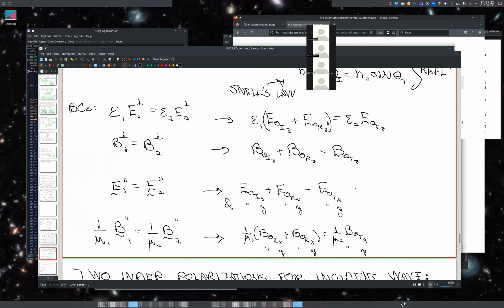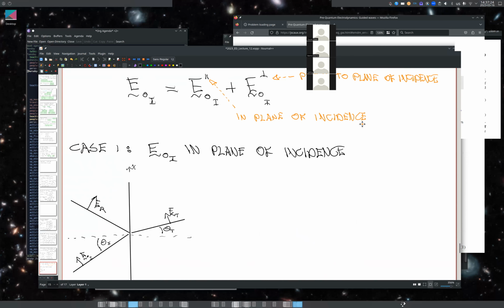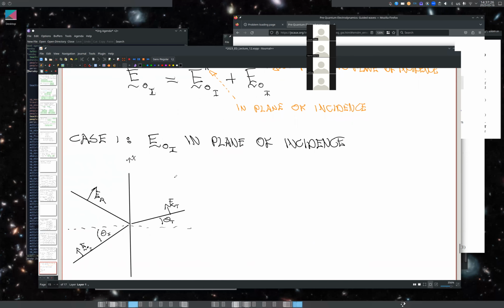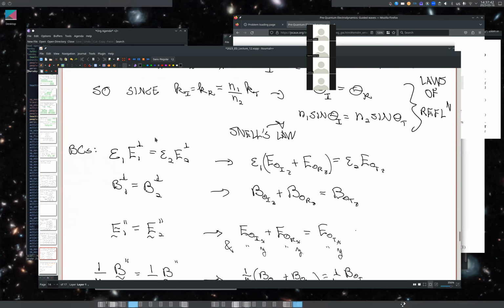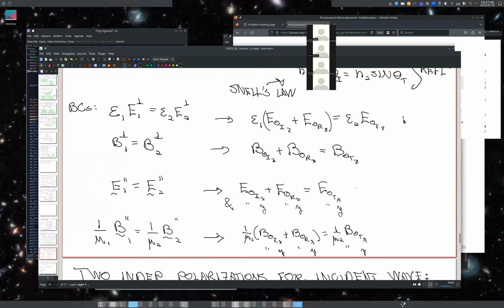We're going to look at the z component here. Maybe we can even number the equations: 1, 2, 3x, 3y, 4x, 4y.